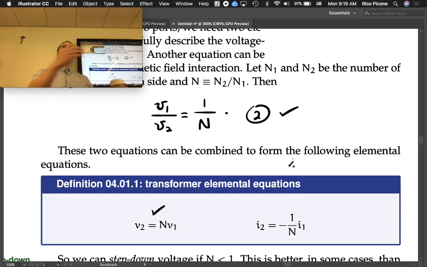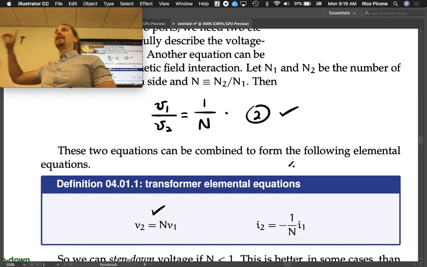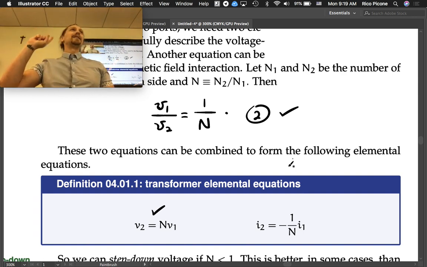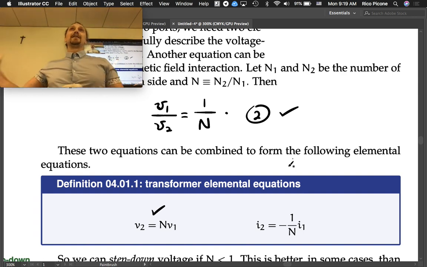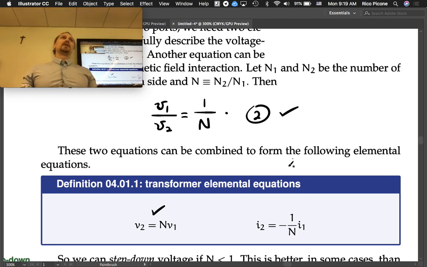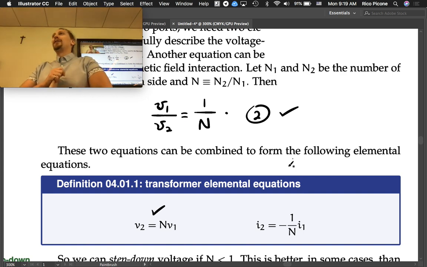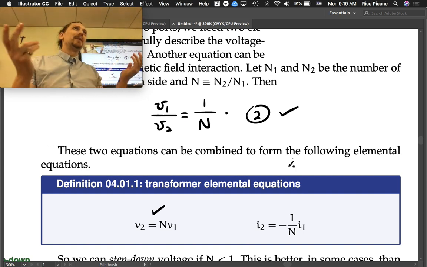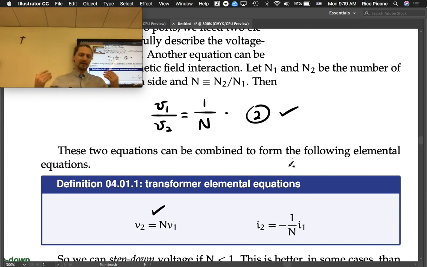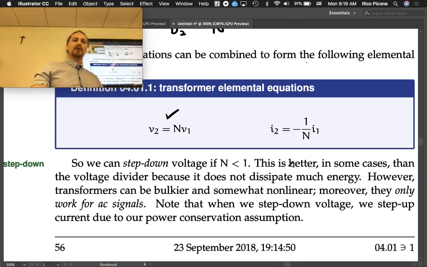So I said impedance is out, but the one new element we're going to consider this chapter that's linear is the transformer. So we still can use impedance for transformer circuits, and that's what we're doing here. When you get to the rest of the chapter, we're going to be doing nonlinear circuits, and we can't use impedance anymore. But for this stuff, we can still use impedance or differential equation methods. So chapter 2 or chapter 3 methods still apply to transformer circuits.